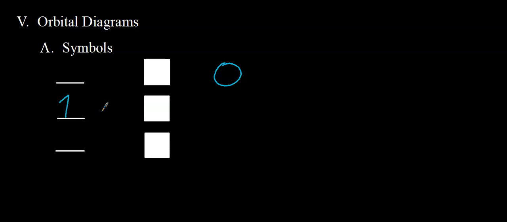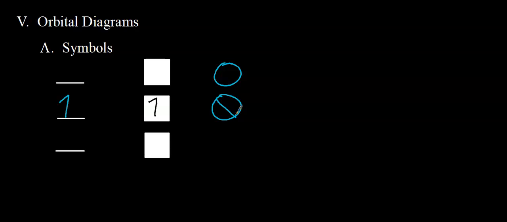So an arrow above the line represents 1 electron in that orbital. Or an arrow inside the box. Or diagonal line in a circle like that. So I'm going to use the lines primarily. Just want to point out to your book, uses a little combination of the circle and the square.